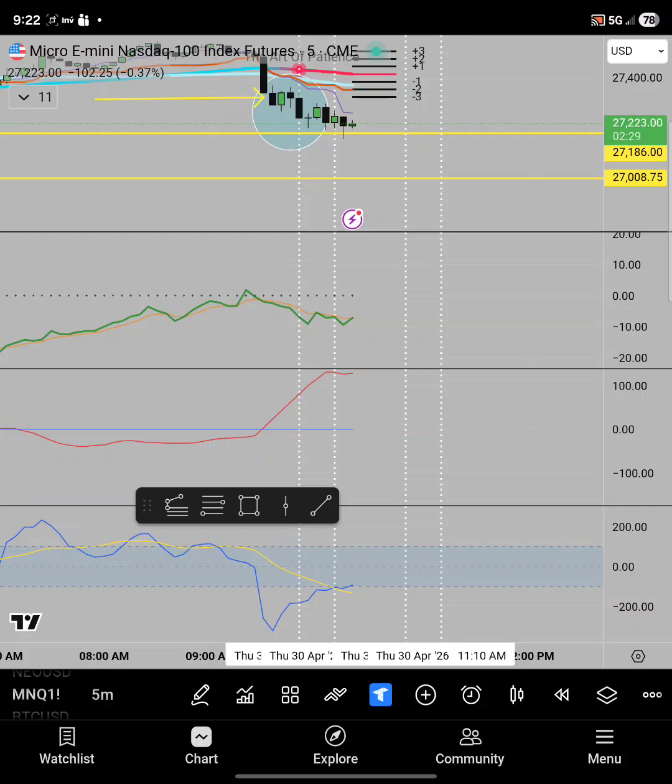The indicator below the volume flow, the red line, that is the DD index. When that red line crosses above the blue line, that is indicating bearishness. Crosses down, that is bullish.